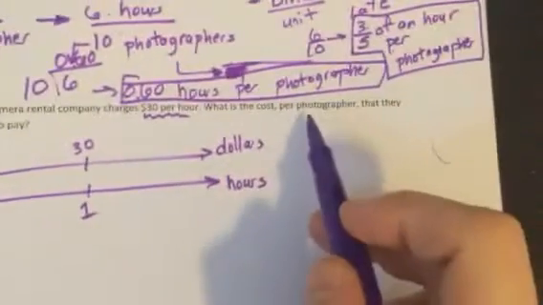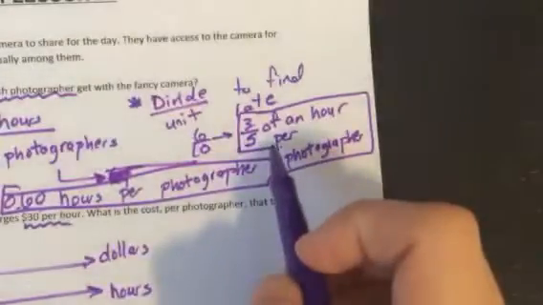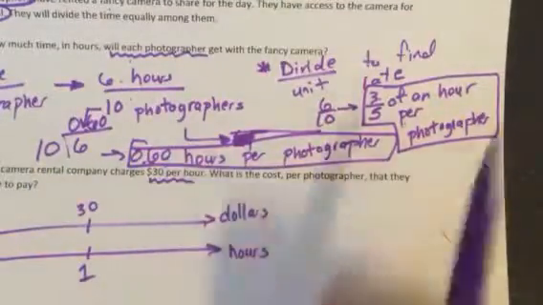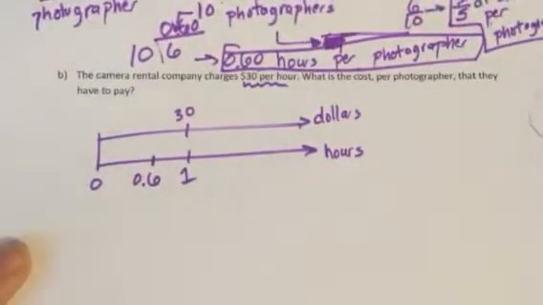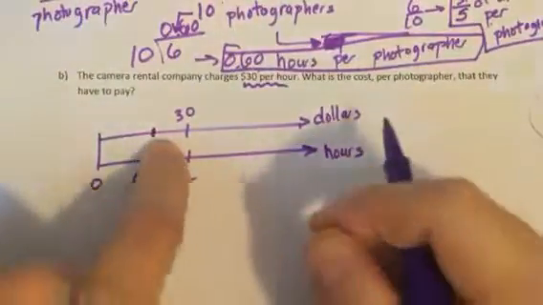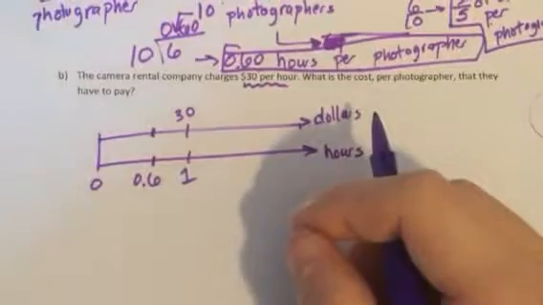But per photographer, each photographer only gets 0.6 hours, or 3/5 of an hour. I'm going to put that here, 0.6. I'm going to put that on my double number line right here. 0.6 hours. I'm trying to find how much dollars they have to pay for that amount of time.